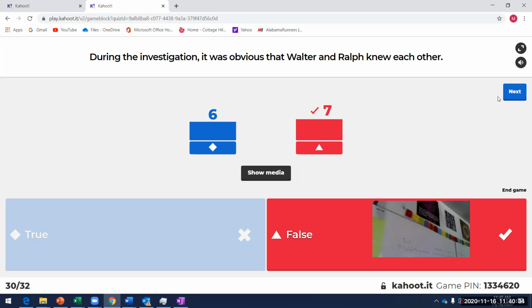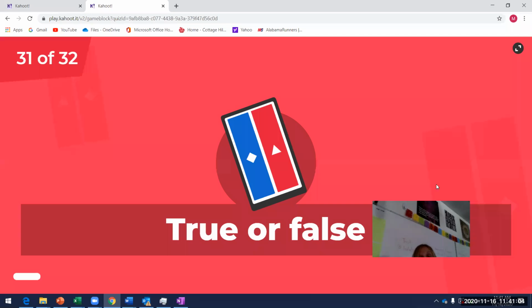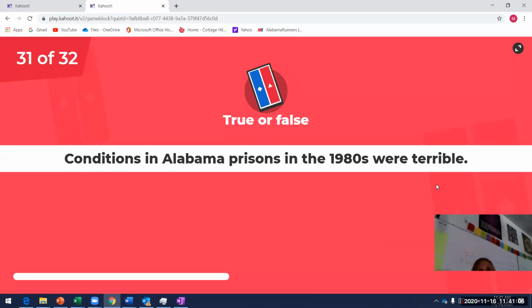Do y'all remember that in the book? And what happened? They could tell that Walter and Ralph had never met. That's an important detail in determining whether Walter was innocent or guilty. Did the police care? They didn't really care at all. They did not see that as a reason not to charge him.